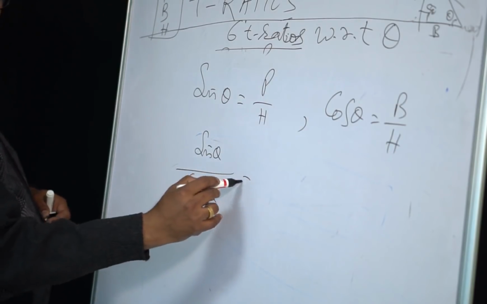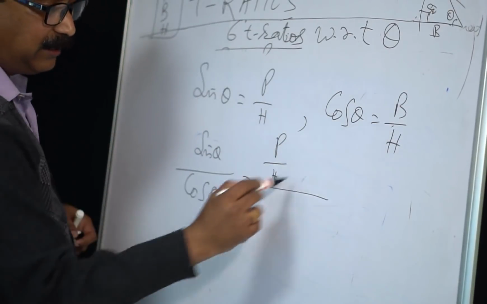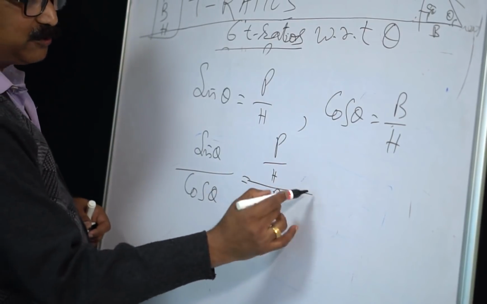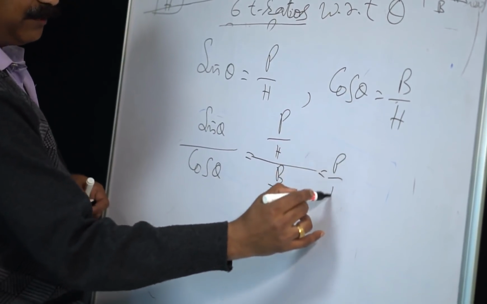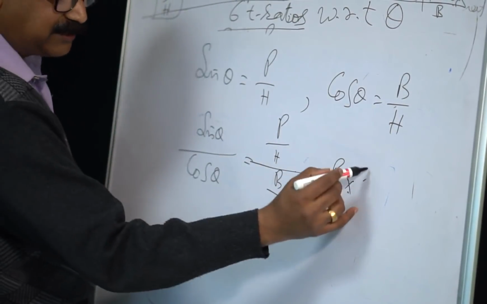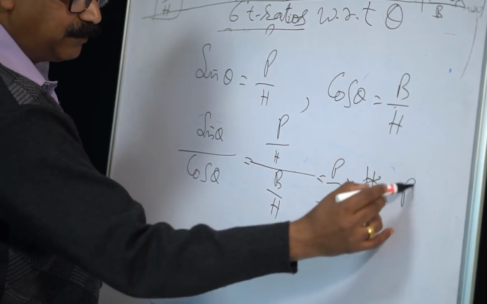So if I divide p by h and b by h, division becomes multiplication by the reciprocal, like h by b. So h cancels, and you will get p by b.